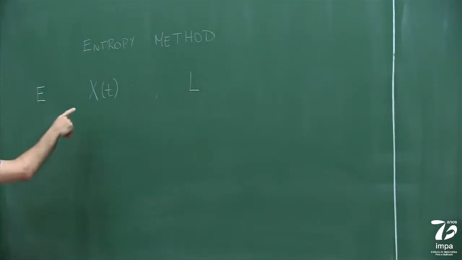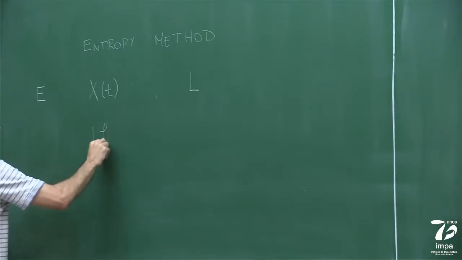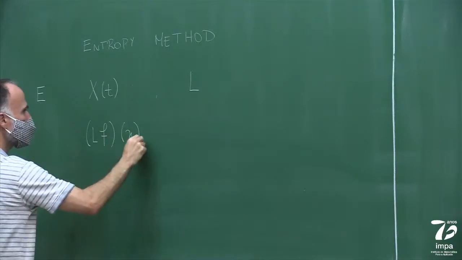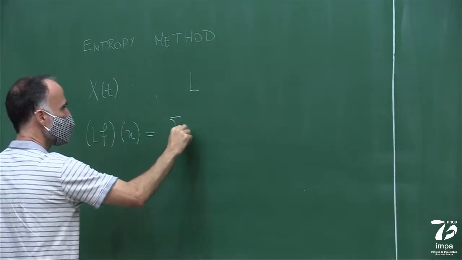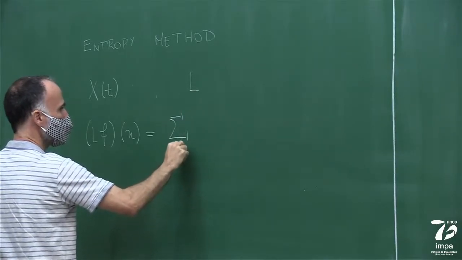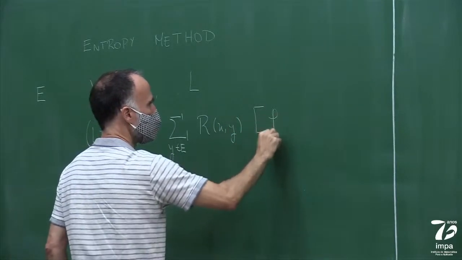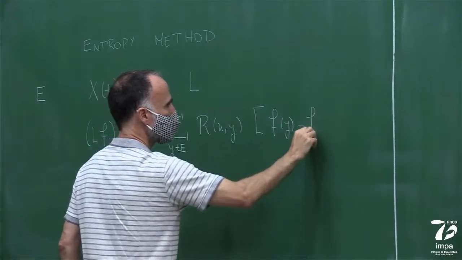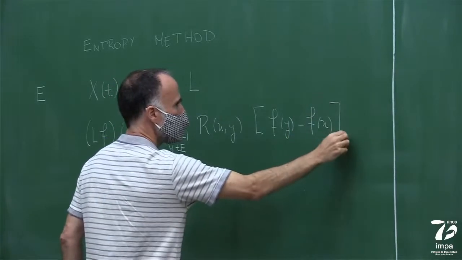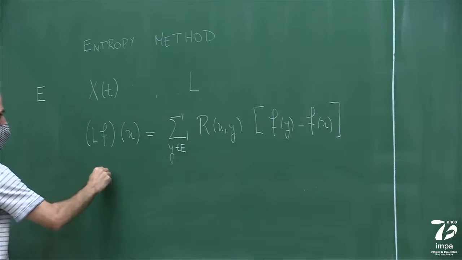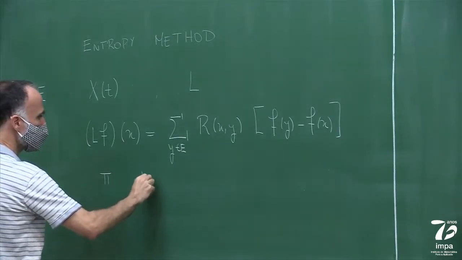So this Markov chain has a generator which is represented by L, so that L of f, let's say that we will represent the points by x, is given by the sum over all y in E of R(x,y) (f(y) minus f(x)). And I'm always assuming that this chain is irreducible, so let's represent by pi the unique stationary state.